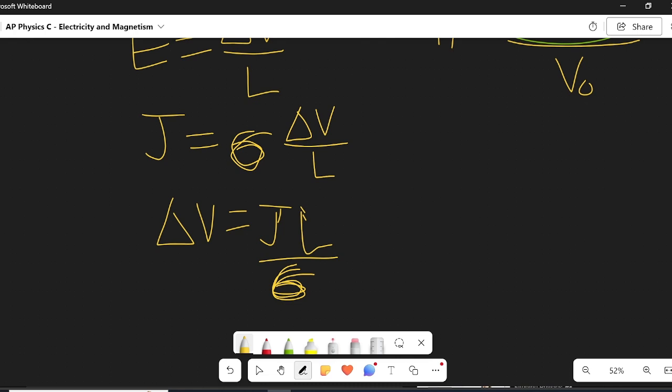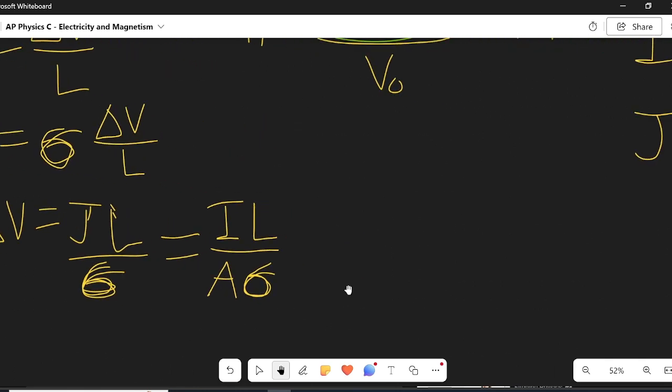And as we know from earlier, we can actually replace this J in here with an I. So this will simplify to current times length divided by area times conductivity equals the delta potential. And in this case, we have a formula here: length divided by area times conductivity.